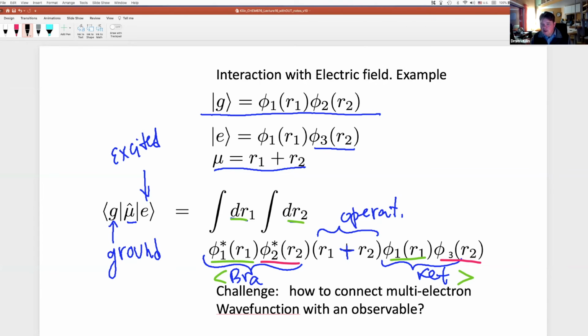So something will be much simplified in this expression. It will be recast in terms of one electronic orbitals. So one can describe optical transitions in terms of one electronic orbitals with reasonable precision, reasonable qualitative accuracy.